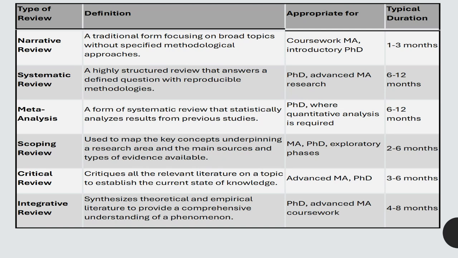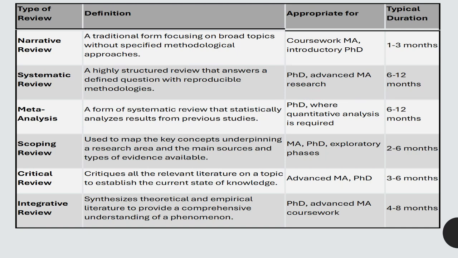Then we can move over to a systematic review, which is a very structured review that answers defined questions with reproducible methodologies. So when you do a systematic review, you will have a defined question for the review. You will have specific methodologies that you followed, and there will be a specific way in which you write it up.